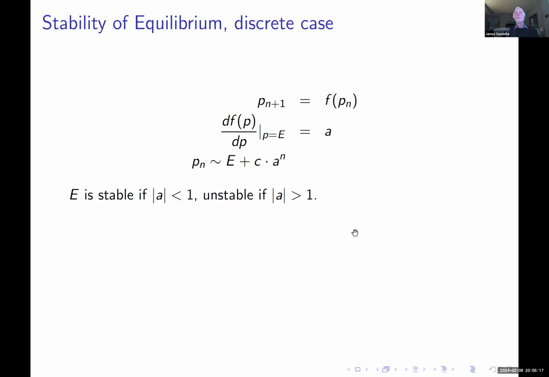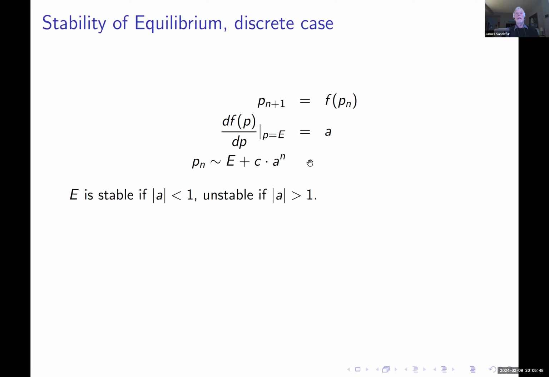Now, for the discrete model, we again take the derivative at the equilibrium value. For the discrete model, the population behaves similarly to E plus C a to the n. So looking at it in this case, we see that if a is less than 1 in absolute value, the equilibrium value is stable, and if a is greater than 1 in absolute value, it's unstable.